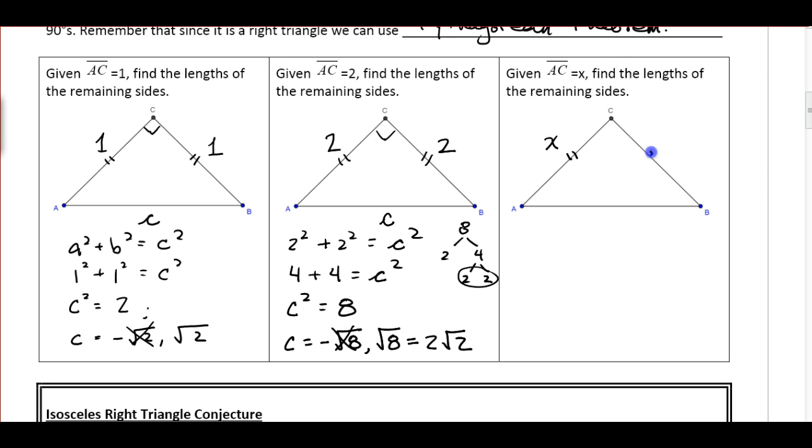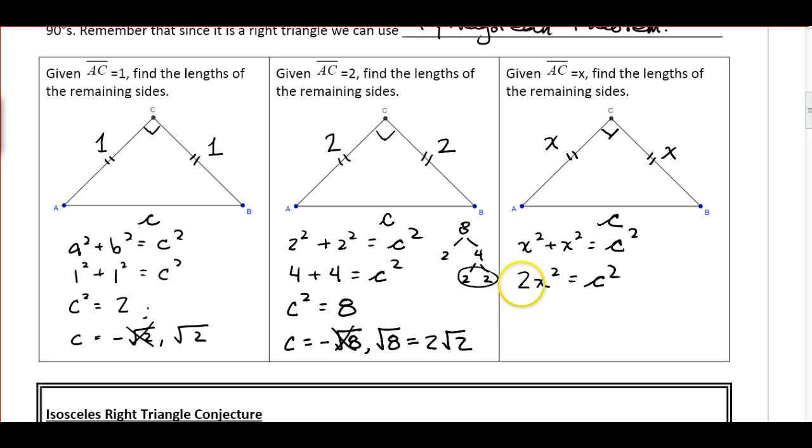These legs are going to be congruent, so that's going to be x as well. Here's my right angle, and again, I want to find c. So I know, using the Pythagorean theorem, that x squared plus x squared is equal to c squared. So I've got 2x squared is equal to c squared.